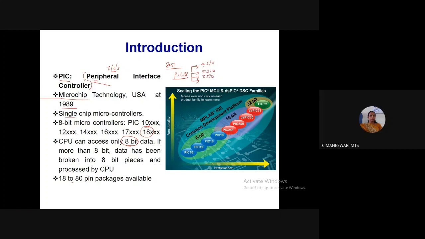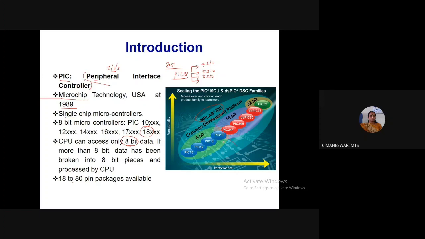Similarly, all the other features differ, though they come under the PIC18 family. The scaling of the PIC microcontroller families starts with functionality and is based on performance. The common development platform is called MPLAB IDE.